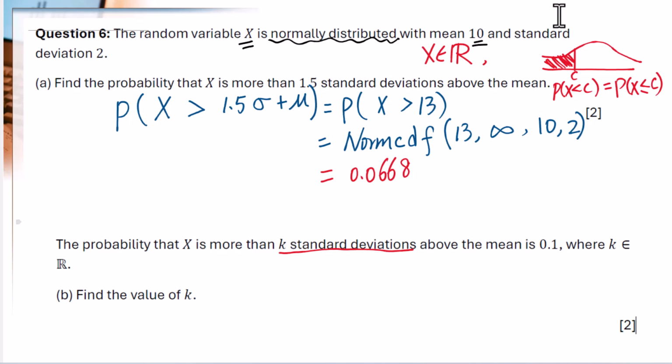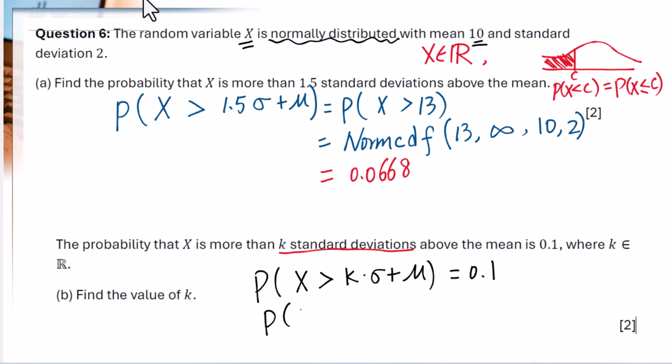The probability that x is more than k standard deviations above the mean is 0.1. Find the value of k. Based on this information, the probability of x greater than k times sigma plus mu equals 0.1, which is the probability of x greater than 2k plus 10 equals 0.1.